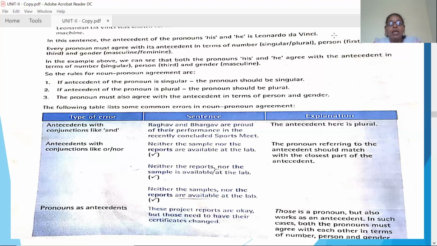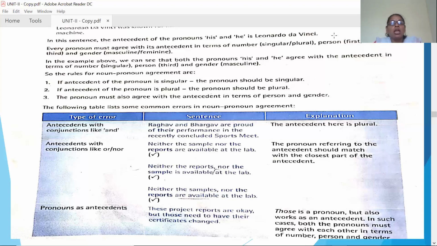Sample and reports, these two are the antecedents. The pronoun referring to the antecedent should match with the closest part of the antecedent. So here we have given are, reports are.